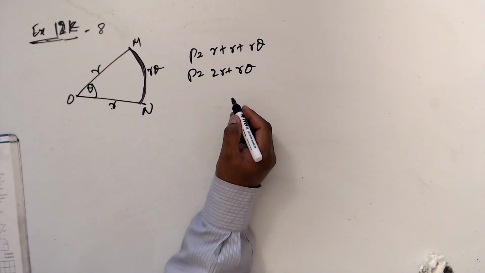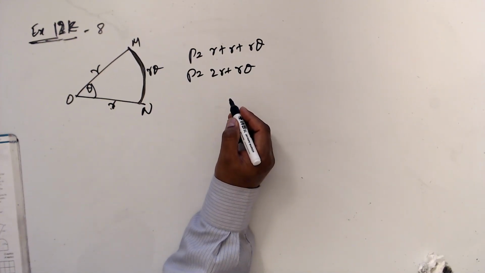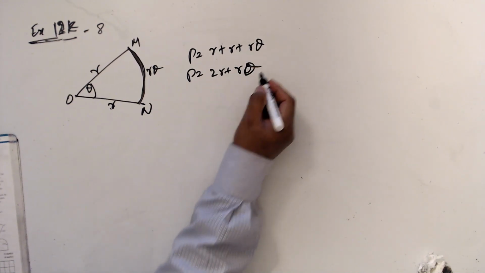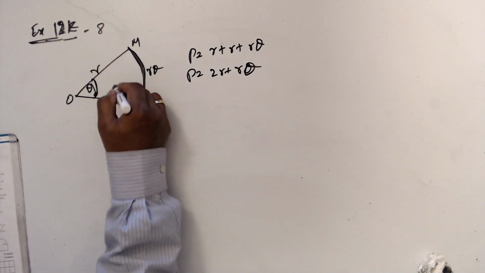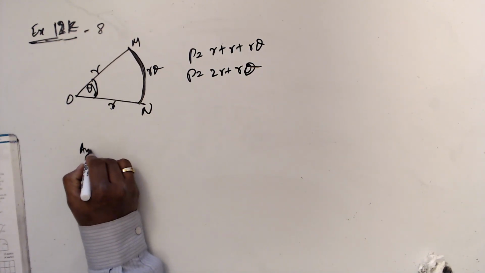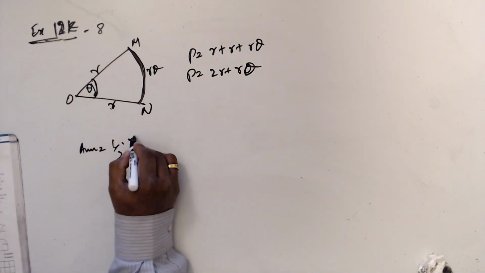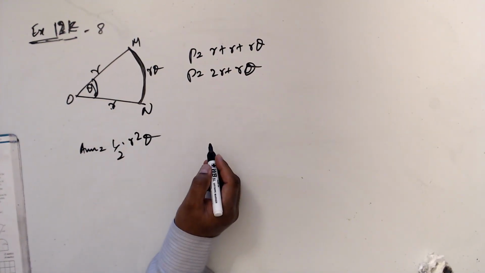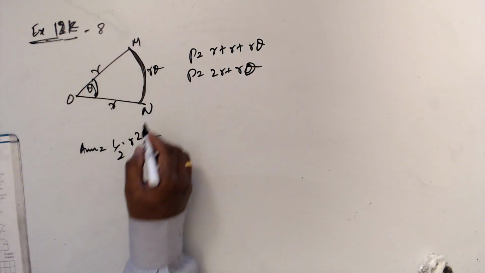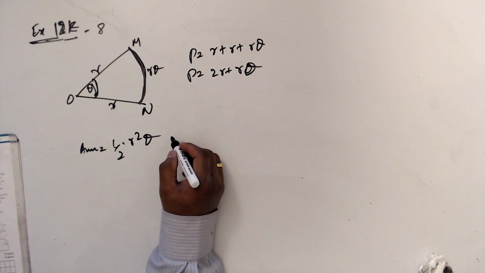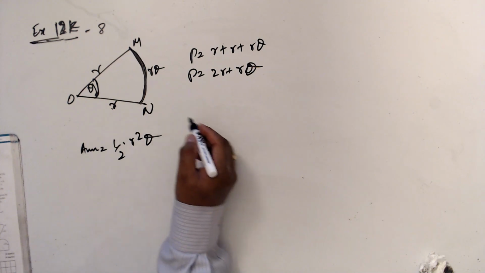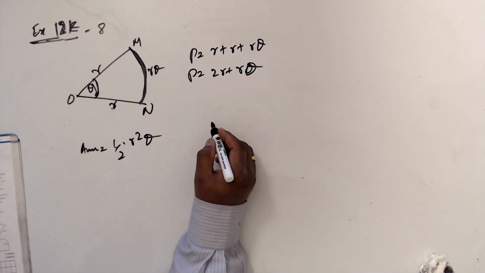Now I wrote the equation, but when I look at question A, there is no theta, which I put by myself. Now I want to remove it. So what is the area of this sector? Area is half r squared theta. This is the formula to find the area of a sector. This angle is theta.